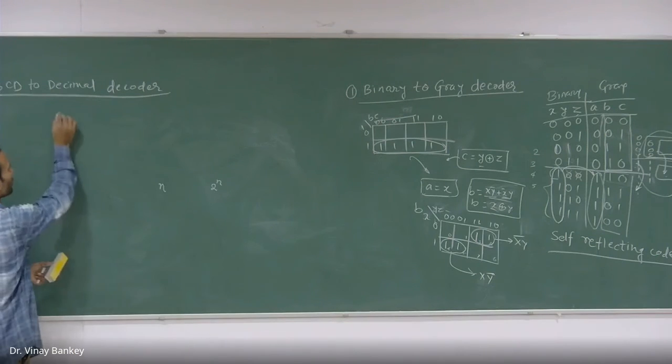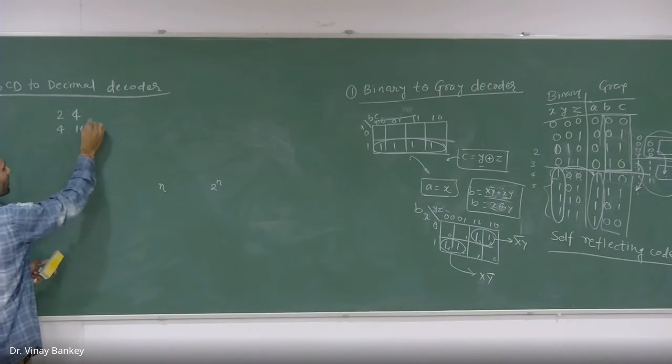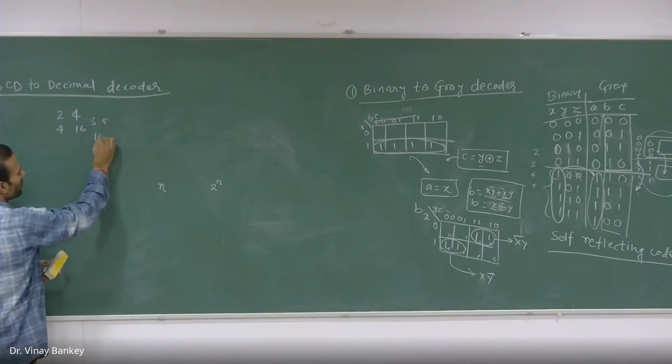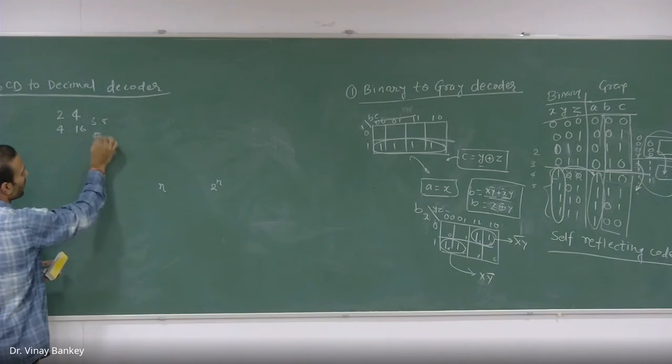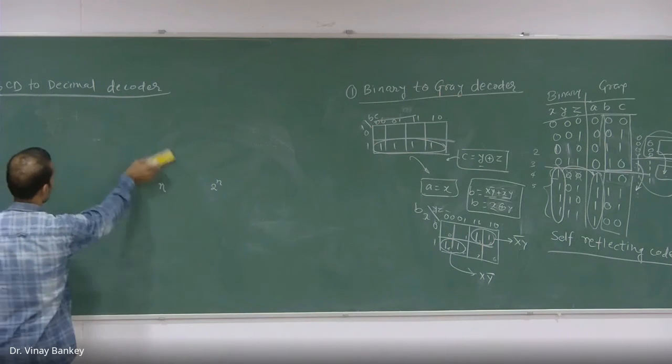You will have either 2x4 decoder, 4x16, 3x8, 5x32, like this. So this was the code converter, but it is also called a decoder. In general terms, this is a decoder because it is decoding something. Correct. So now we'll move to the BCD to decimal.